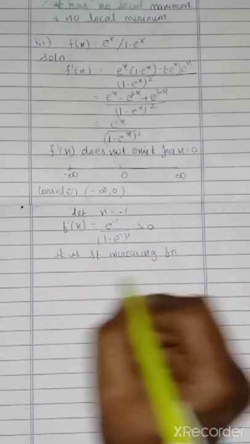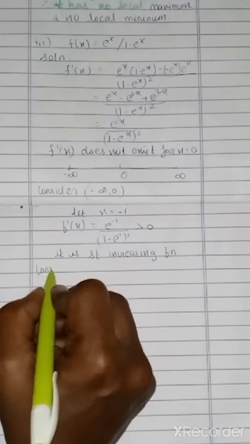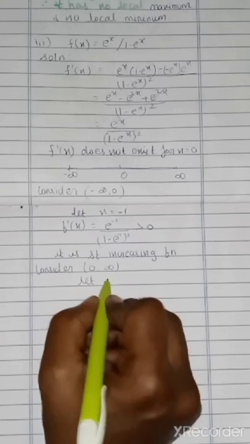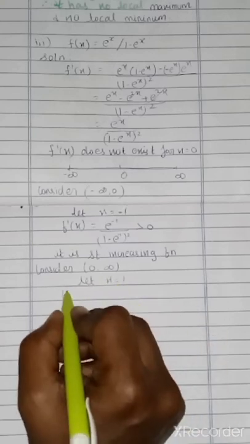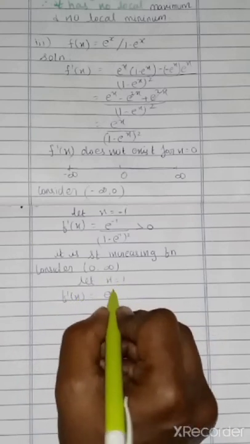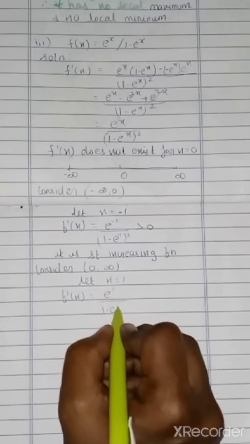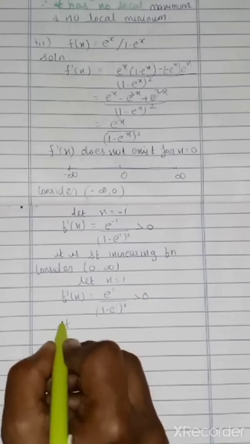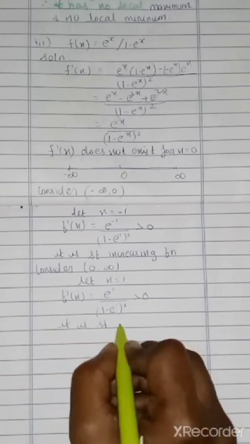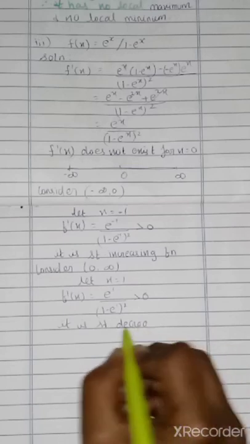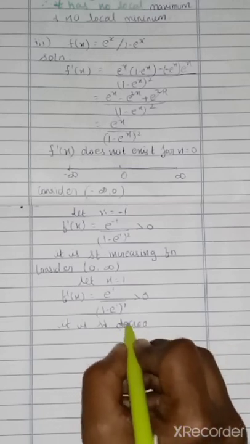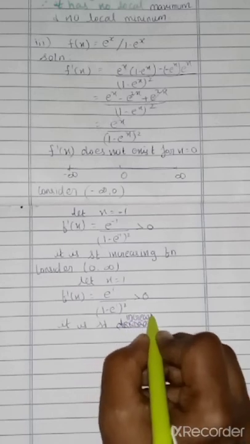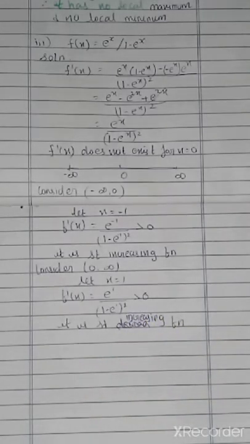Next, consider 0 comma infinity, that is x equal to 1. So again f dash of x equal to e power 1 by (1 minus e power 1) the whole square. This is also greater than 0. Therefore it is a strictly increasing function.